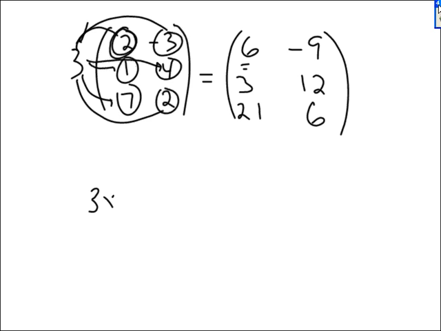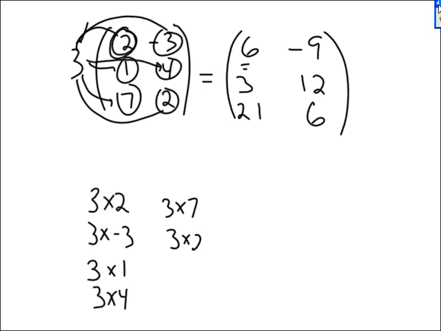Somebody wants to know what's 3 times 2, what's 3 times negative 3, what's 3 times 1, what's 3 times 4, how much is 3 times 7, and how much is 3 times 2. They want to give you 6 problems at once. So they give it to you in matrix form.